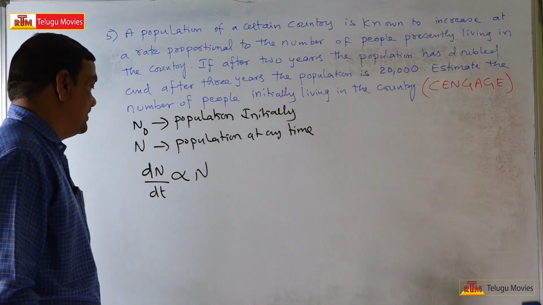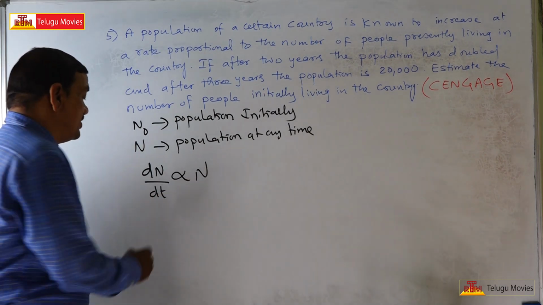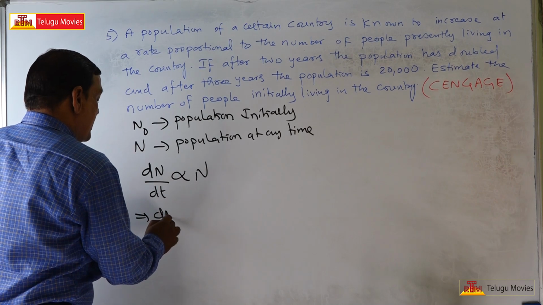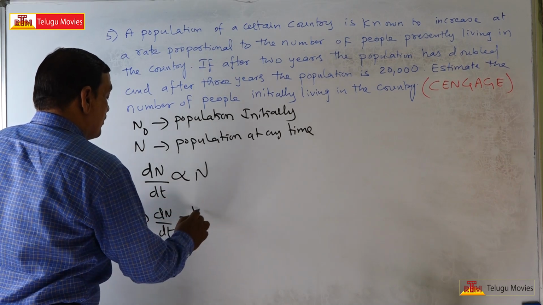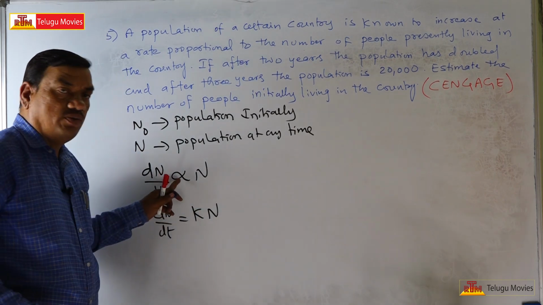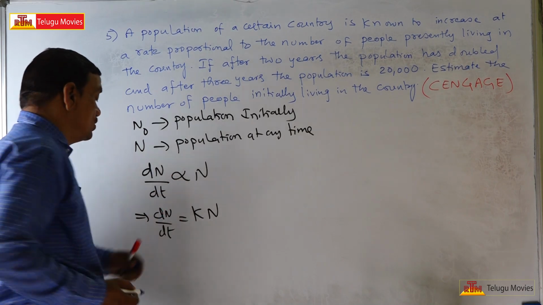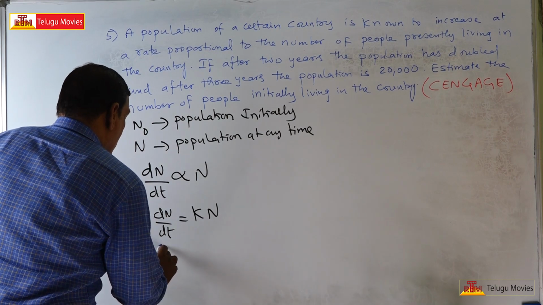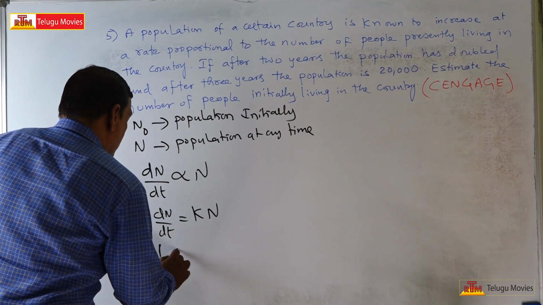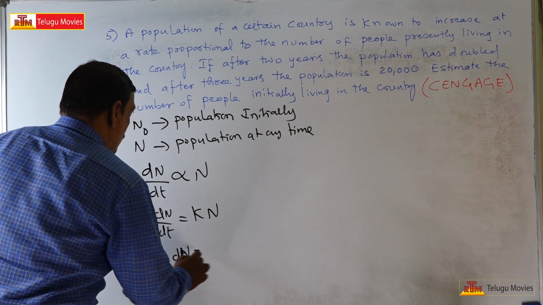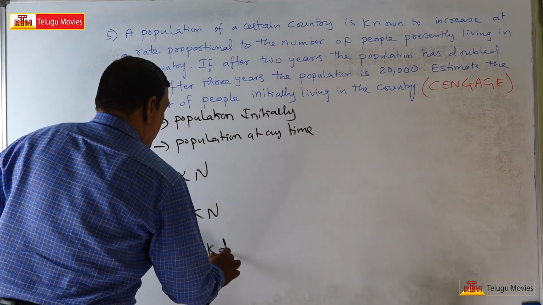So here we got a relation. From this we can say that dN by dt is equal to some constant into N. To remove the proportionality, you have to multiply with a non-zero constant. So from this you can say that 1 by N dN is equal to k dt.